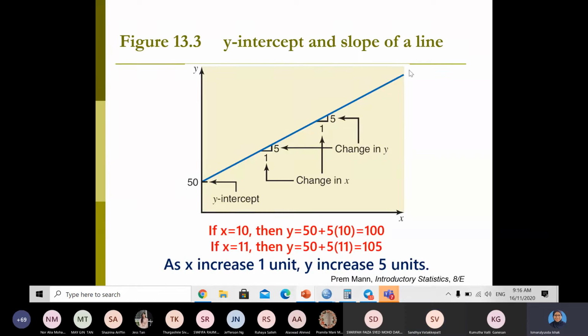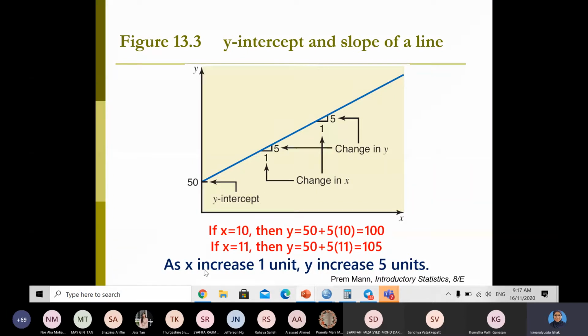So with this equation, y equal to 50 plus 5x, if x equal to 10, put inside the equation, y will be 100. If x equal to 11, then y will become 105.